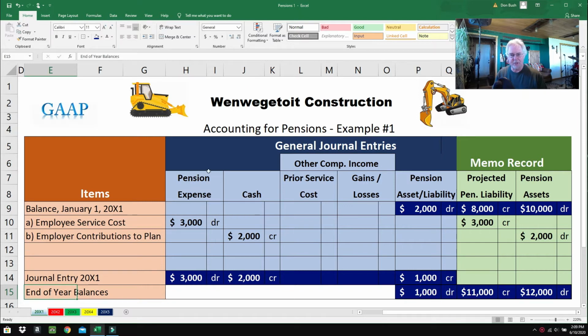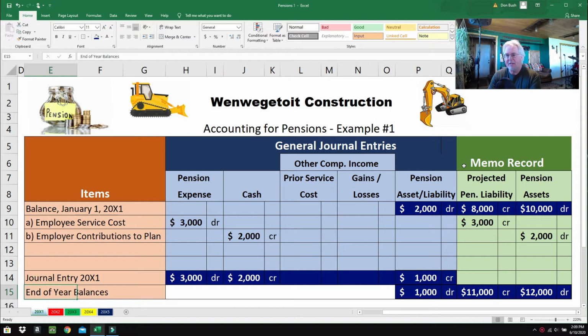In the middle, we've got the journal entries. We're going to use this middle section to help us figure out a journal entry, and you can see I've got the journal entry right down here below. And over here in the green, I've got it listed as memo record, but it's a representation of the accounting records for the third party that takes care of the pension assets.